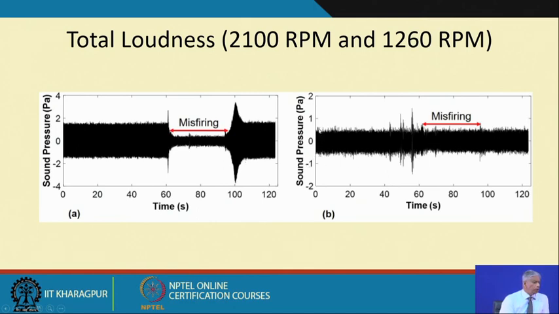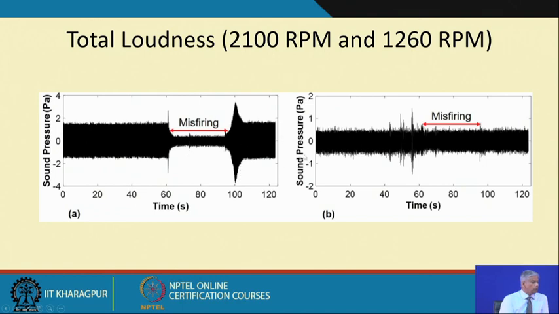Both the amplitudes are low as compared to the sound pressure, which drastically reduces at high RPM because of misfiring, and at the end of about 30 seconds we again switched on the engine. So, once we switched on the engine, the sound shot up and then it reduces.